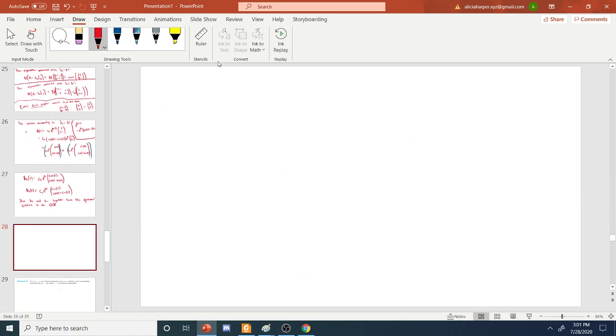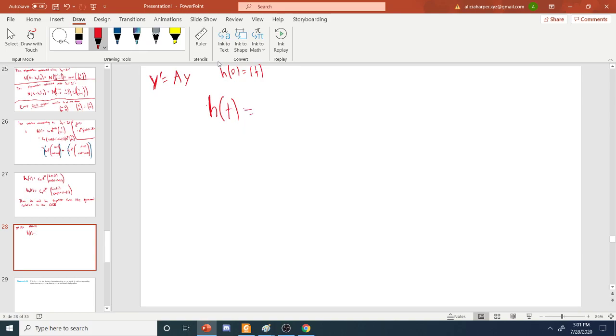So we're interested in basically finding an h of t satisfying y prime is equal to A y, but we also wanted to satisfy h of 0 is equal to 1, 1.